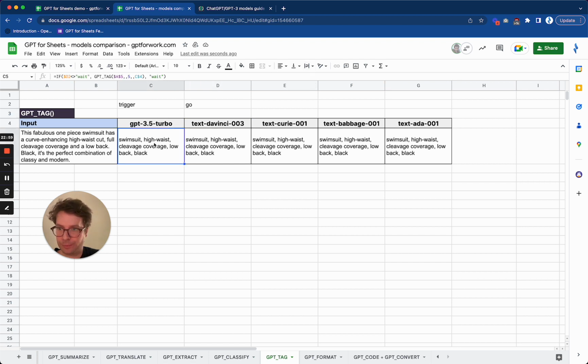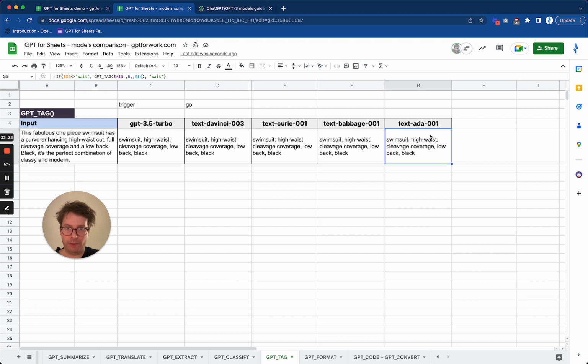The formula here asks for at most 5 tags, and as you can see, all the tags seem to be the same, right? So it seems that all models are actually pretty good at generating tags. This is interesting. Even Ada. Okay. So try this with more values, but it seems maybe you can use Ada to create tags.